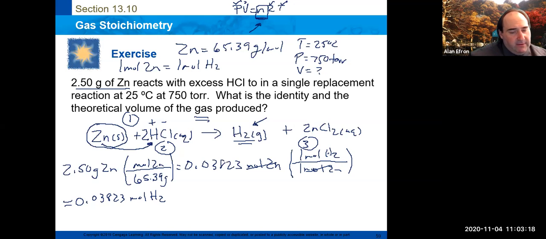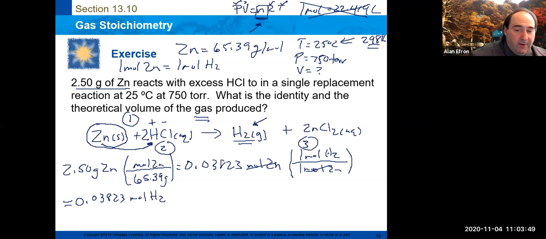So what's left now is to figure out the volume. And you may be tempted to go, cool, I got it in moles, let me just use my 1 mole is 22.414 liters. If you use that here, it would be wrong. That is because the temperature here is not 273. It's actually 298 Kelvin, which means it's not STP conditions.